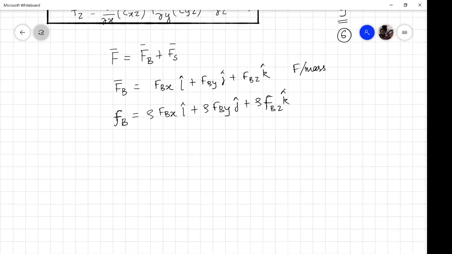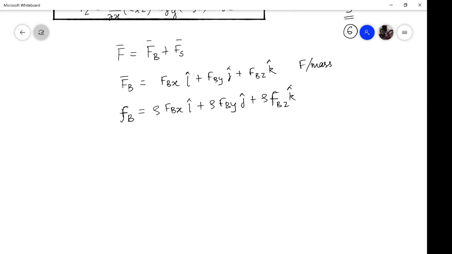So the total force acting on this element, the net force, will be equal to the mass of the system times the acceleration. And the acceleration here will be nothing but the total acceleration.